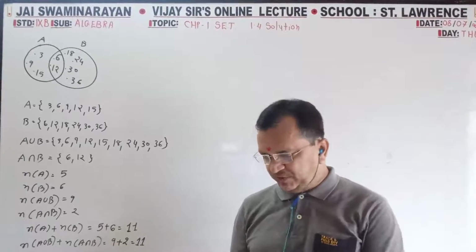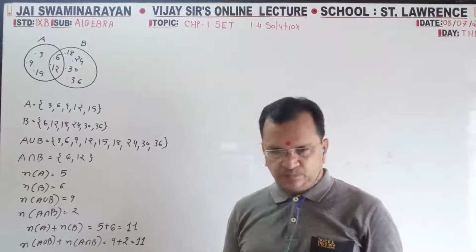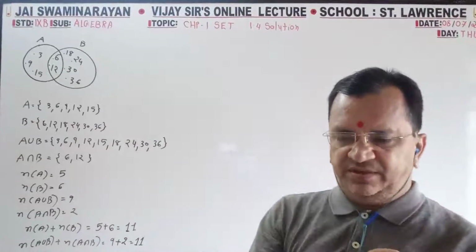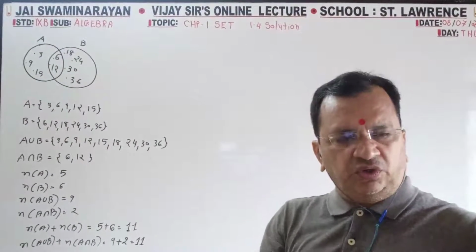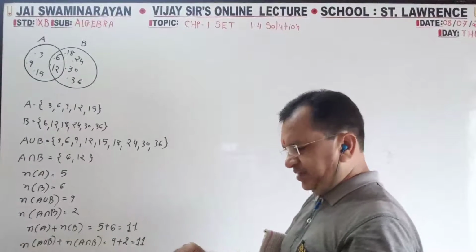Now come to point 1.4. Simple example given. No set, no elements, direct number of elements.